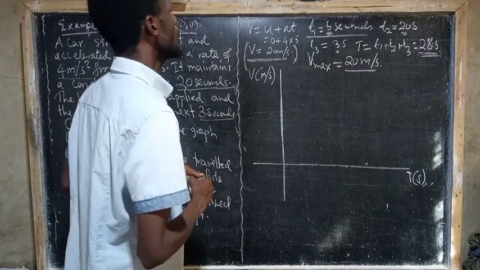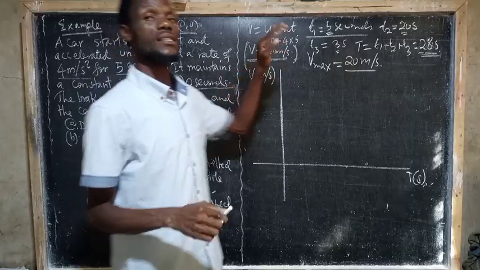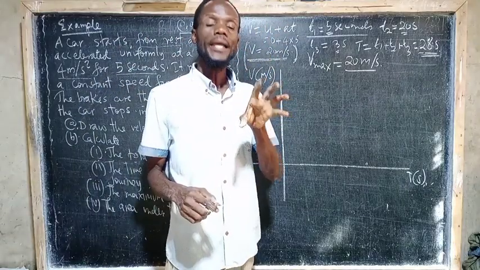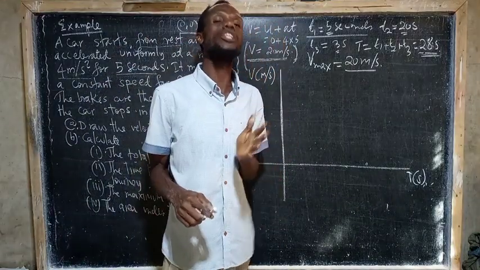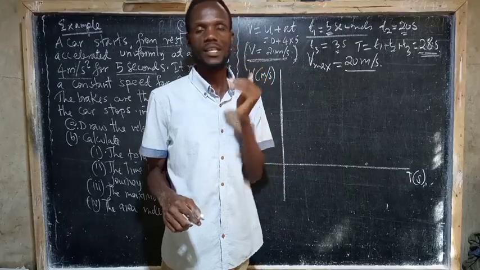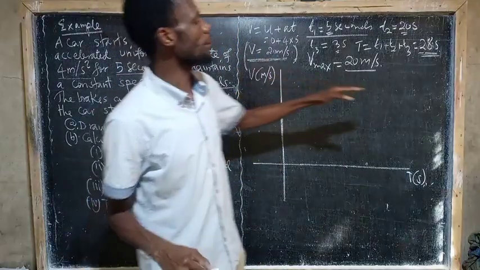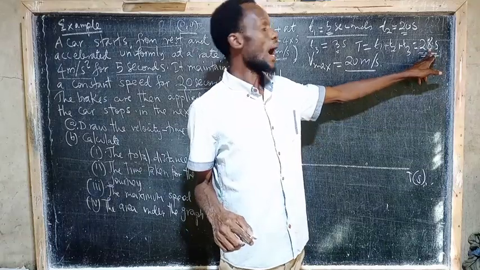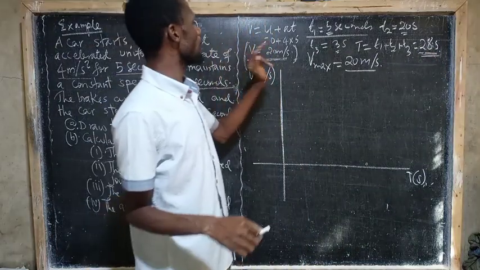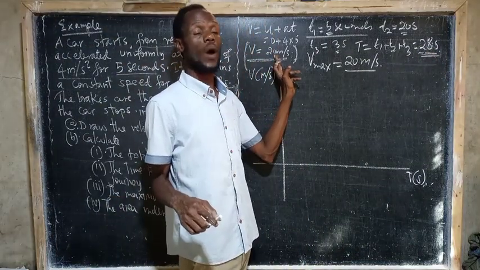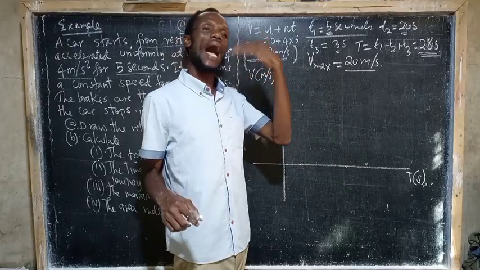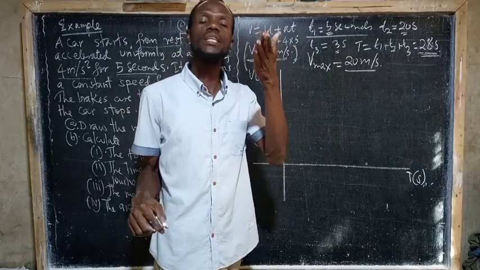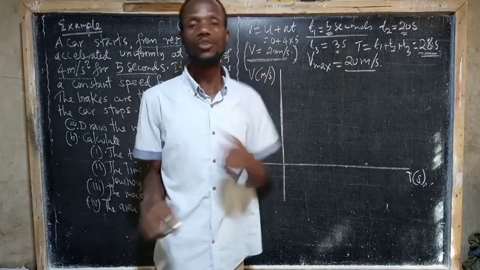Remember one thing, you have to consider a scale. It is not only drawing as you wish, you have to consider the scale. The maximum time that was attained is this one. And the maximum velocity that was attained is this one.